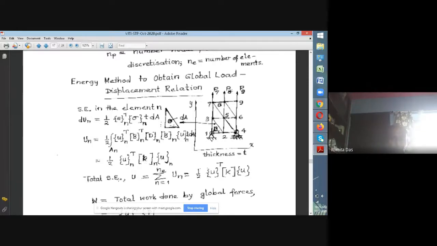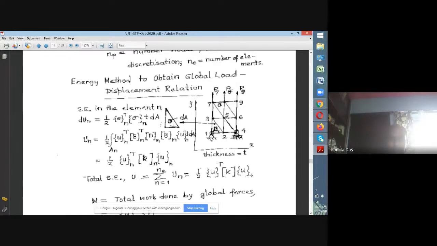So finally, the total strain energy in the whole body is nothing but the strain energy in all the elements summed up, and it gives you half U transpose multiplied by K into U, where K is the global stiffness matrix and U is the global displacement matrix.